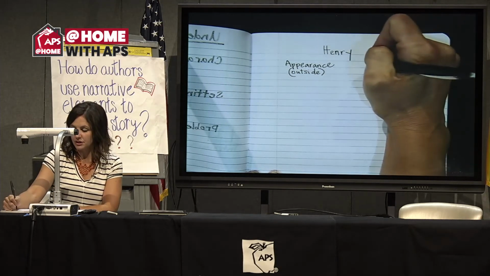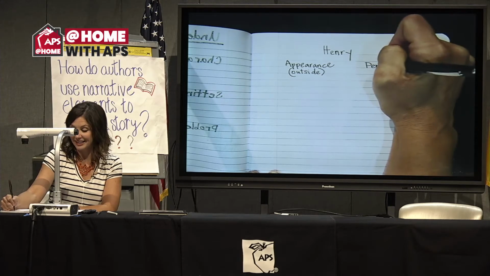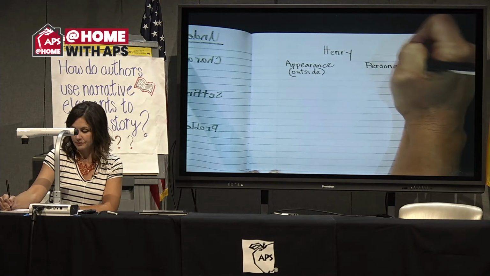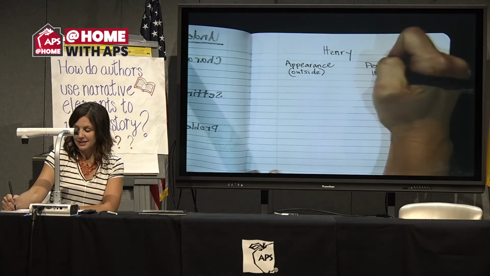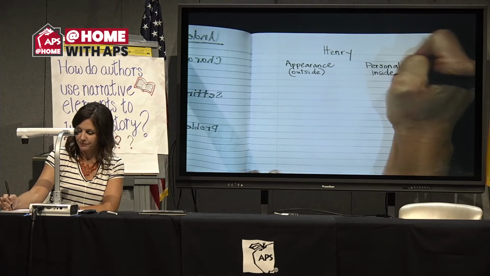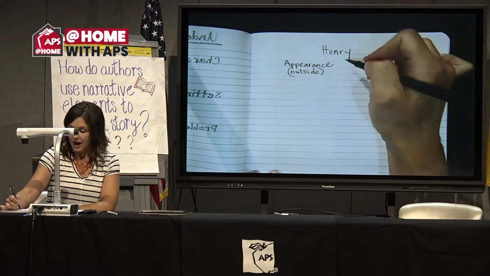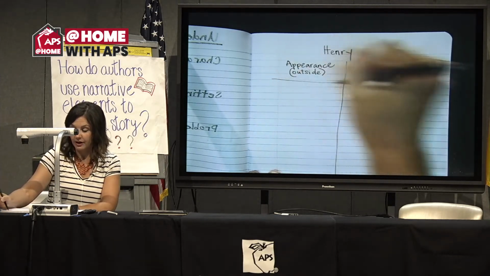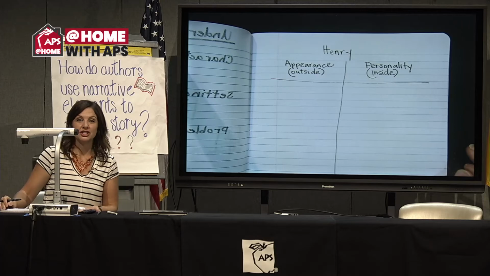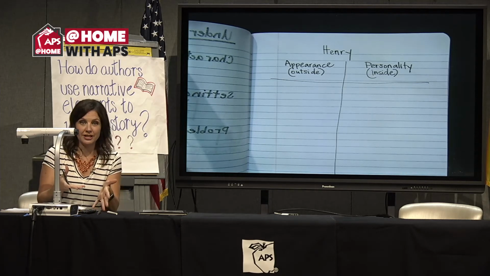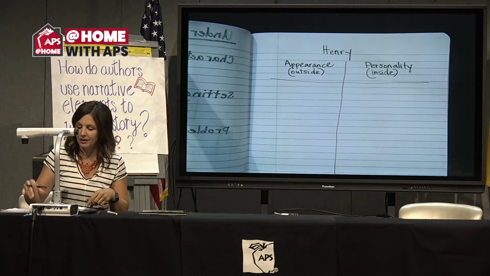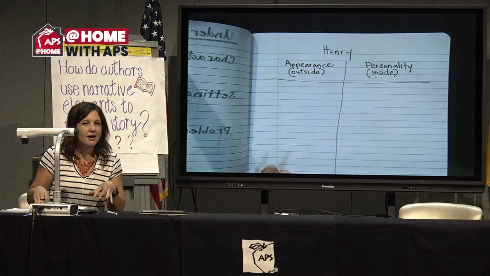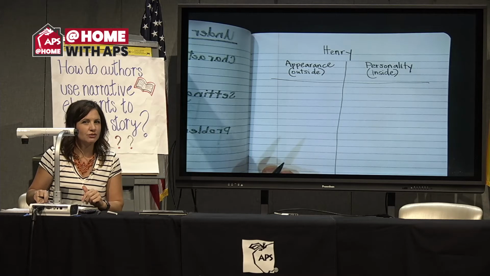Then I want to talk about Henry's personality. That's what he's like on the inside. I don't really know this character. This is a character from my imagination. When you build characters, it's good before you start writing to come up with some adjectives that you can use to describe them.